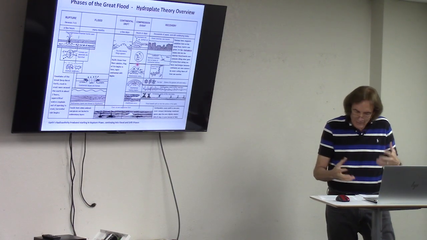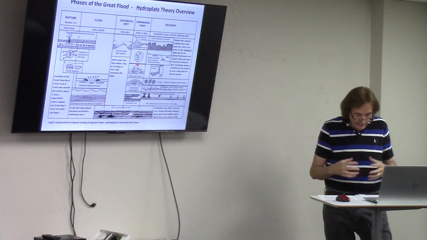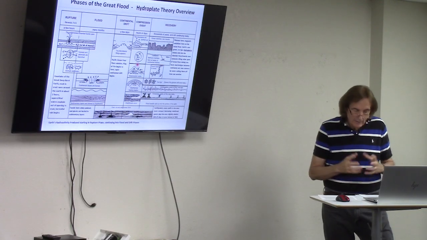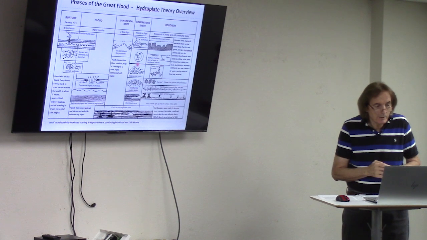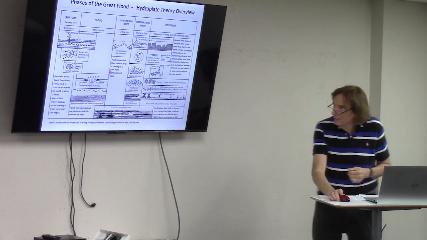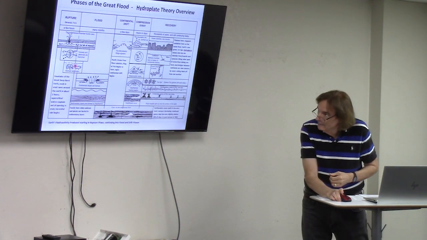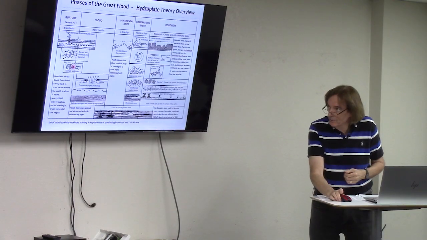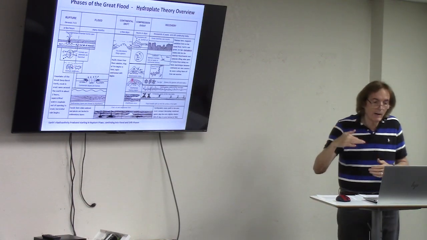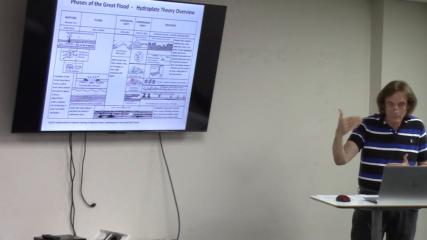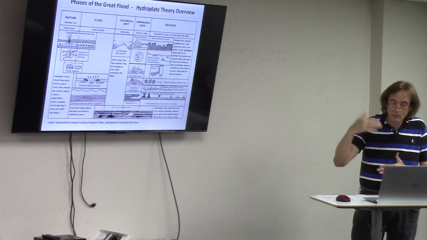So the sudden formation of these mountains starts to cause a big imbalance on the Earth, causing the Earth to slowly rotate. And remember we talked last week about the frozen mammoths that we find, which formed during the rupture phase. This explains why they're still frozen, because the Earth rolls.